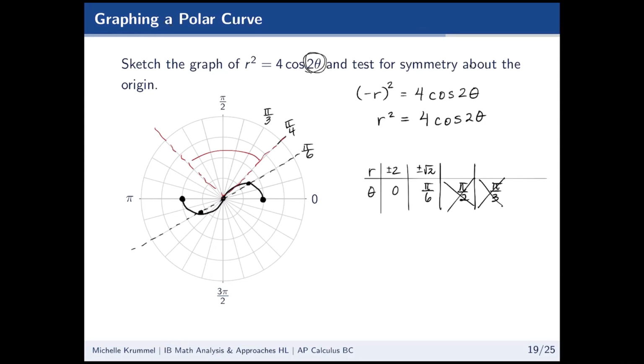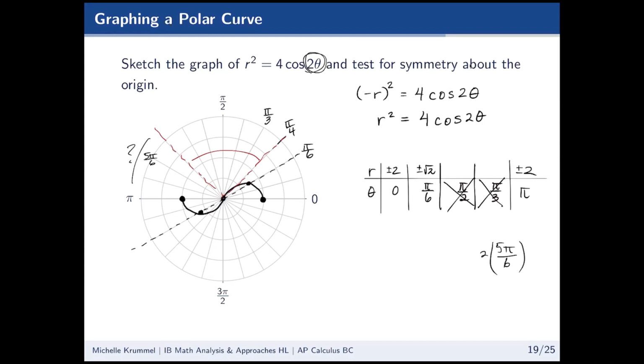Let's see what happens when we use pi. So pi multiplied by 2, the cosine will be 1, and then we get r squared equals 4. So we're back to plus or minus 2. Okay, so now I guess the question is, because that's a repeat of the work we've already done, what's happening in here. So let us try 5 pi over 6. We're multiplying by 2, so we'll have 5 pi over 3.